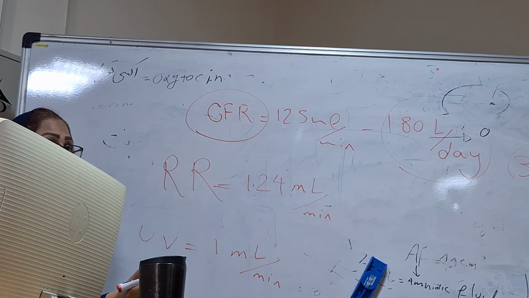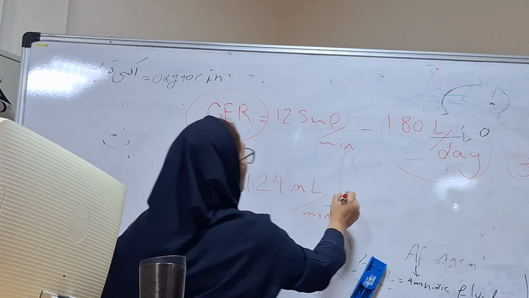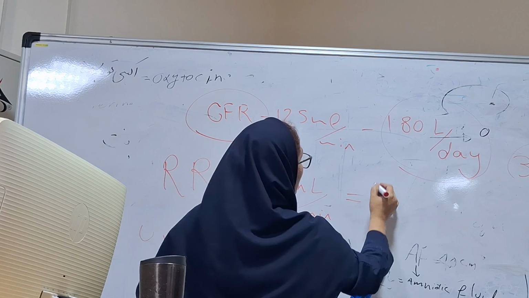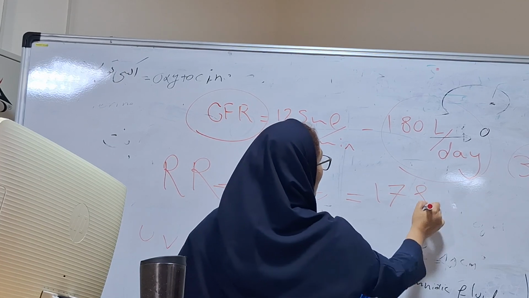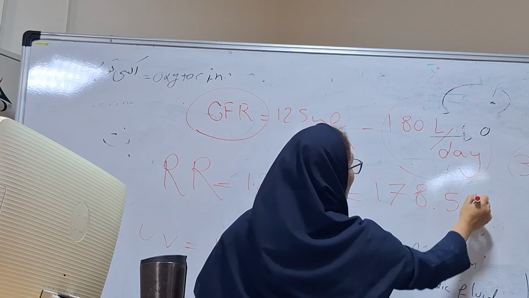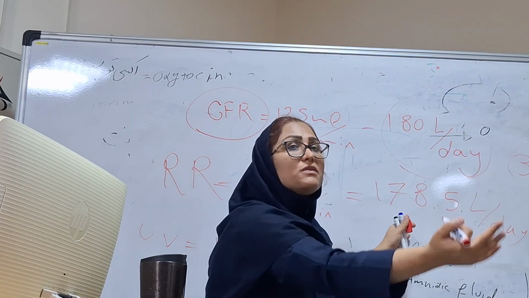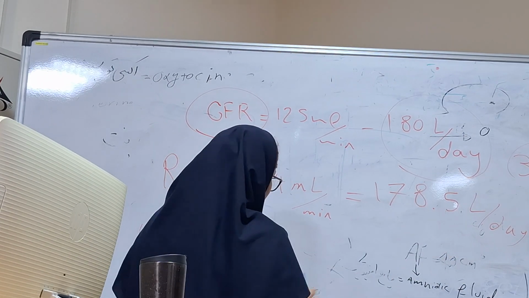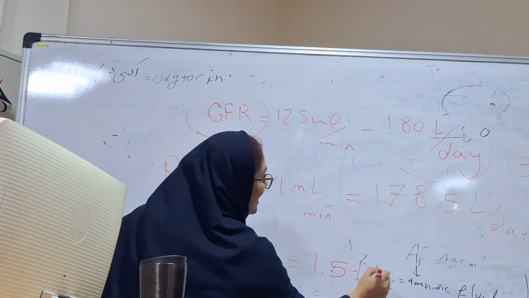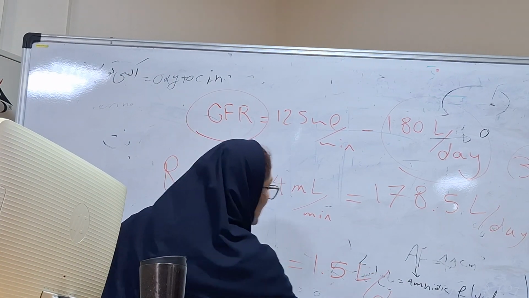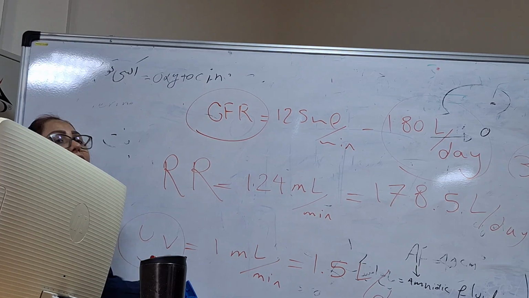Per day, 178.5 liter is reabsorbed. It means 1.5 liter per day is urine volume.